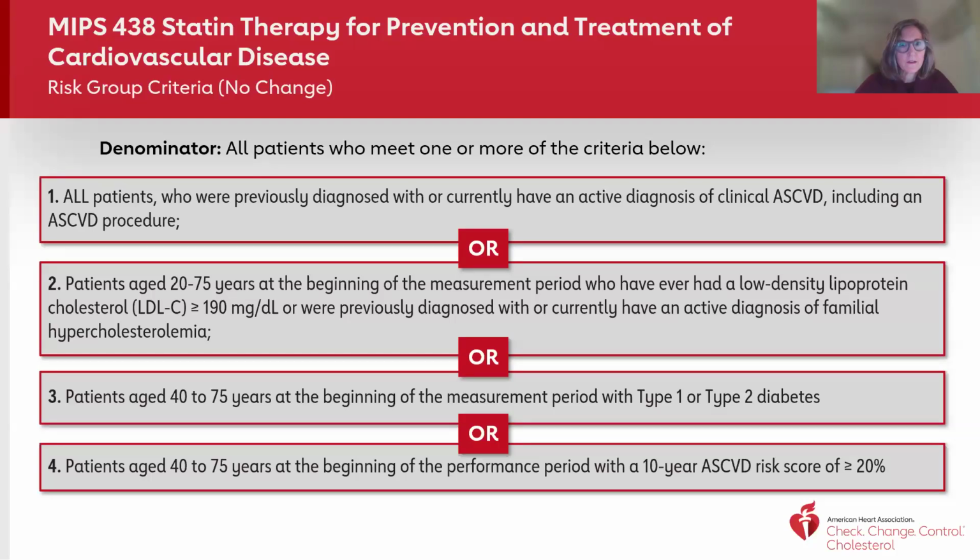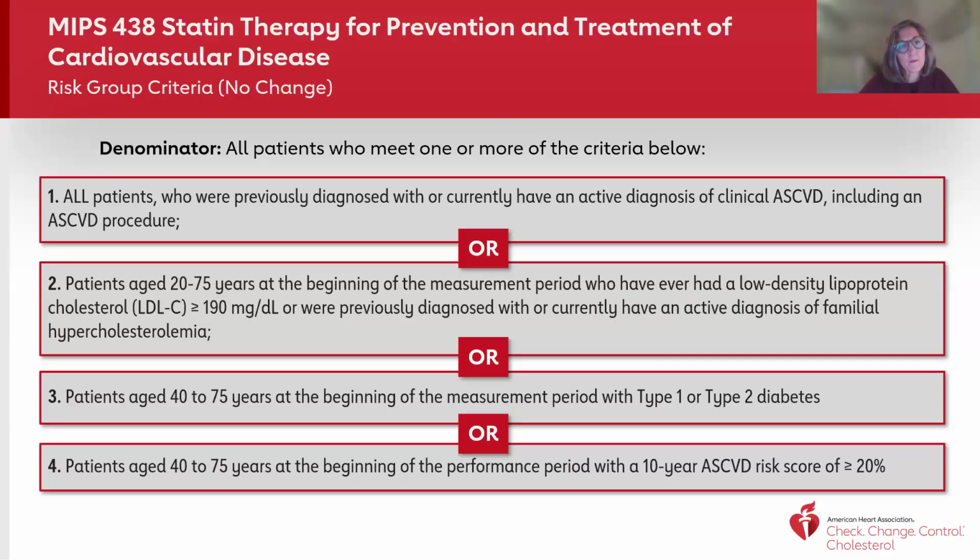The others are related to patients who are at high risk. And so the second grouping is for patients aged 20 to 75 at the beginning of the measurement period who had an LDL of greater than or equal to 190, or who were previously diagnosed or have a current active diagnosis of familial hypercholesterolemia or FH.